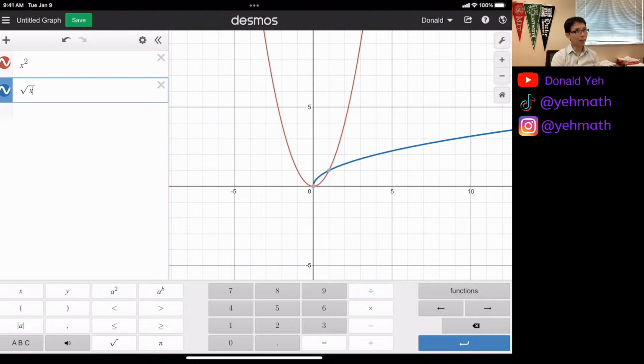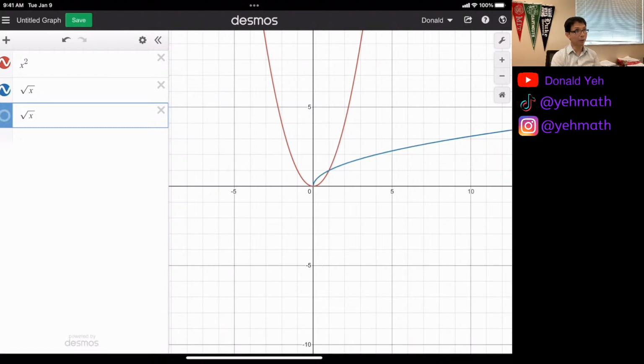What if you combine both graphs? What if the square root of x squared graph? What does that look like? What if I put a square over there? What do you think it's going to look like? Square root x squared graph look like what?